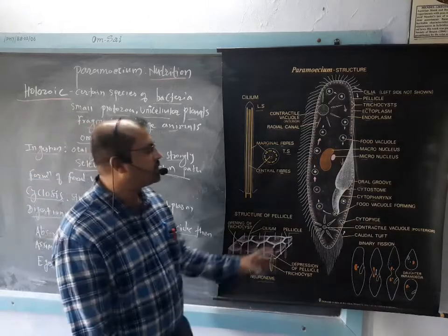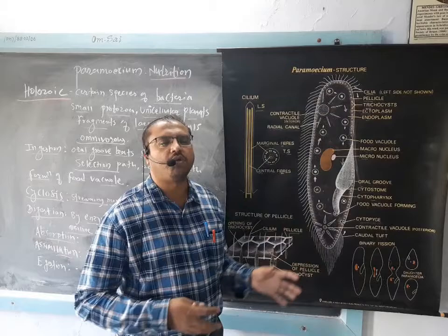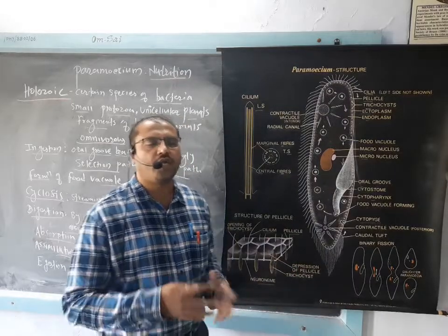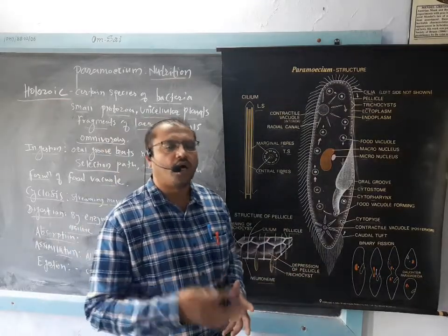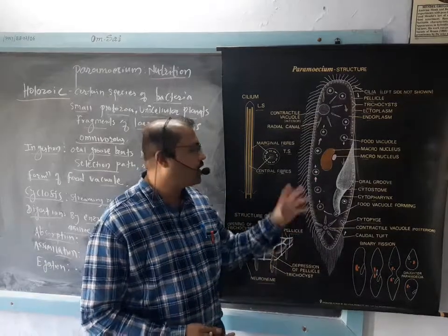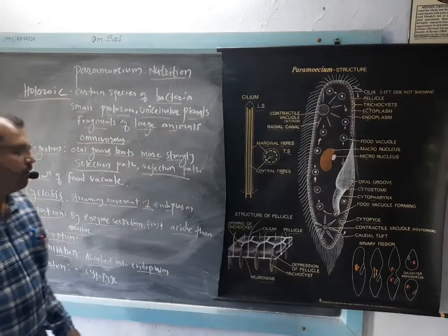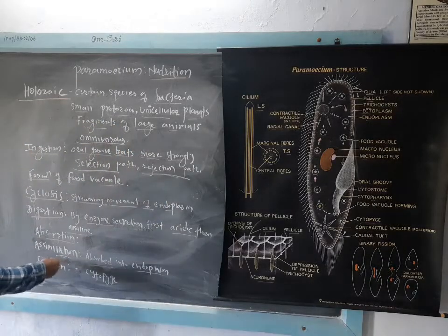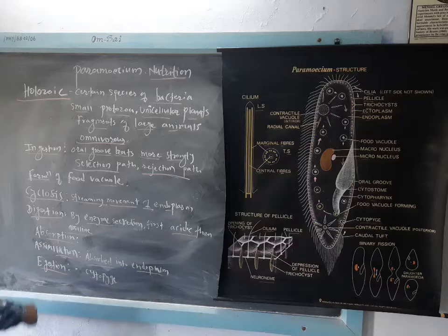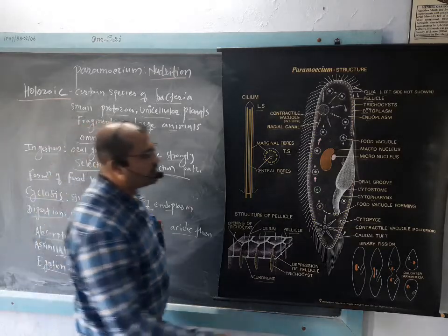Then the endoplasm uses half of the digested biochemicals for the production of new endoplasm, and the remaining half is stored as an energy reserve. So this is assimilation, and the last process, egestion, is carried out through the cytopyge.